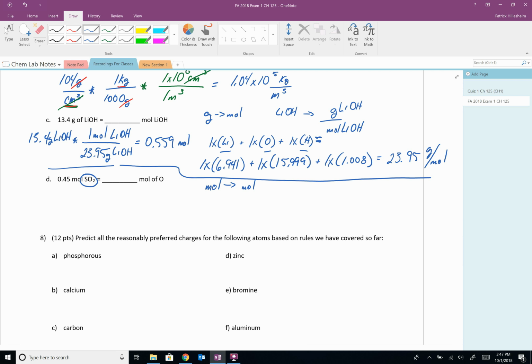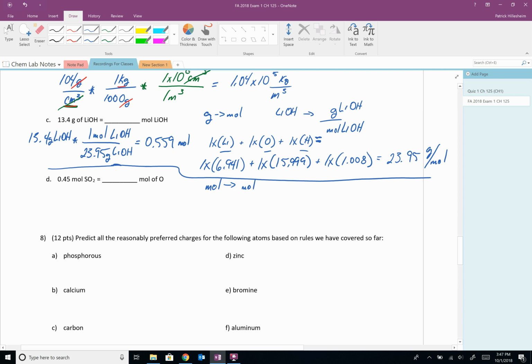So if I were holding a mole of sulfur dioxide, I would be holding 1 mole of sulfur and 2 moles of oxygen.